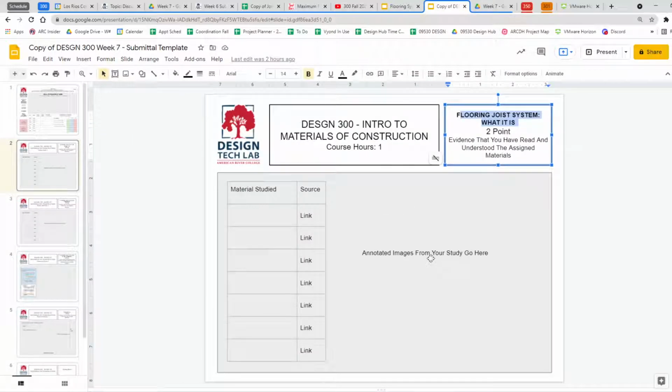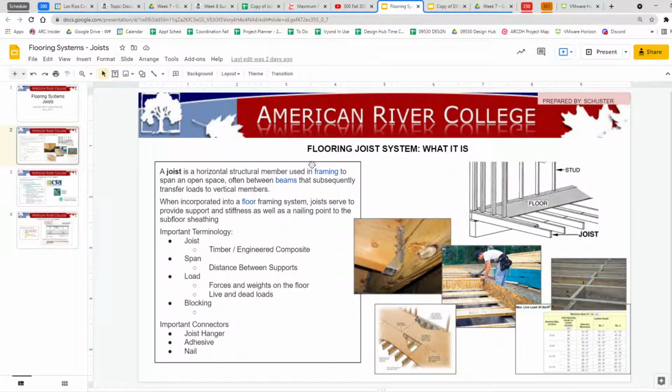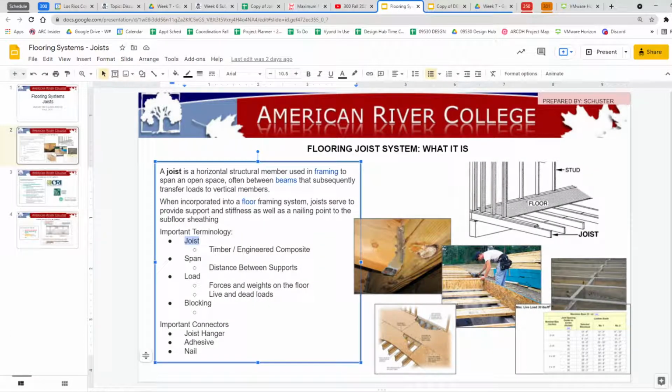This last time through, I started applying a little bit more heft into showing me evidence. I want more evidence now, real evidence that you've done it, and it needs more than just this one link. I'll expect you to look up joist, span, load, and blocking, and then put some stuff in here about it.